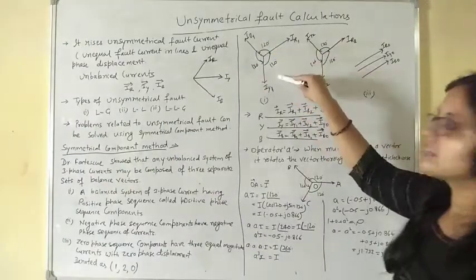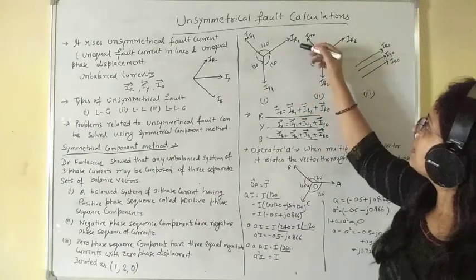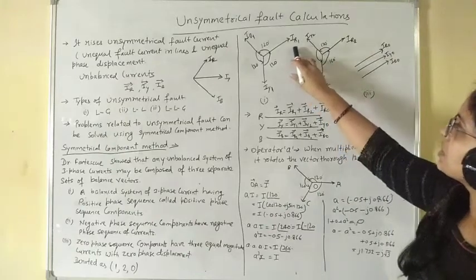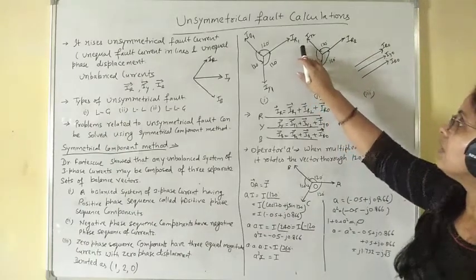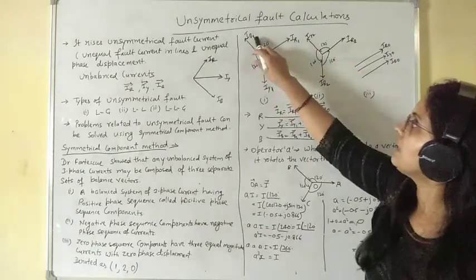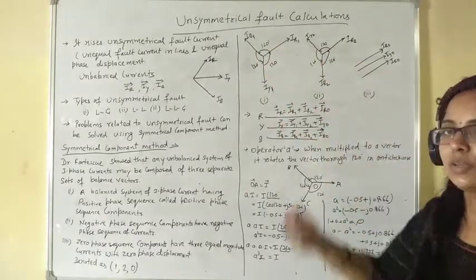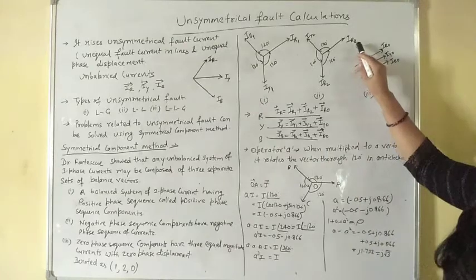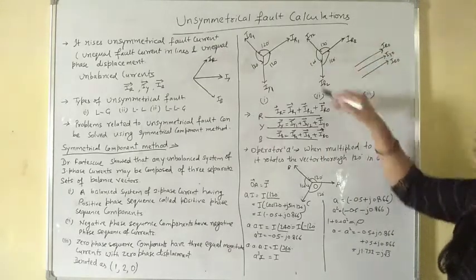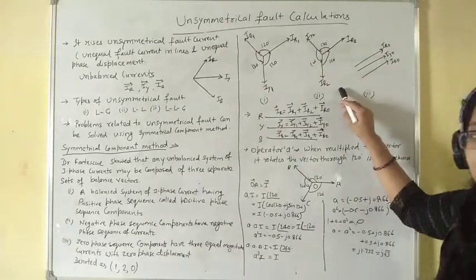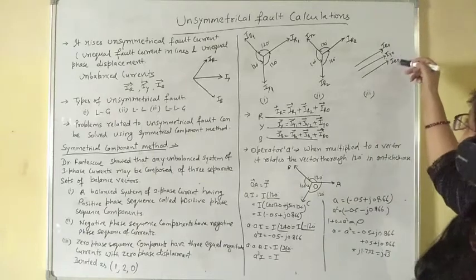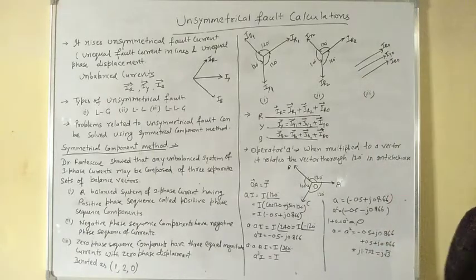In the first case you can see this is denoted as IR1, IY1, IB1. 1 means it is positive phase sequence. In this case it is 2, which shows that it is negative phase sequence, and 0 means zero phase sequence.